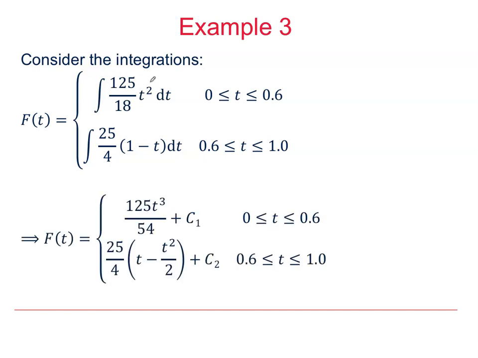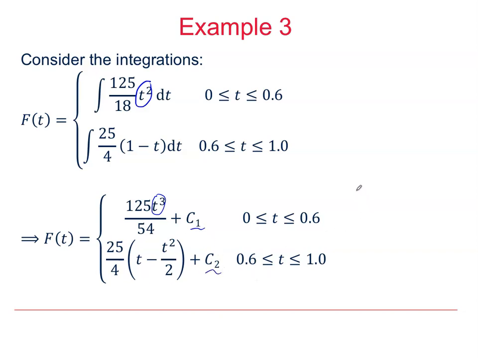Here we see that t squared has integrated to t cubed over 3, then the 18 in the denominator has become 54. Similarly, this bracket has become t minus t squared over 2, and then the constant outside the bracket has not changed in that case. So we've got two different constants here.